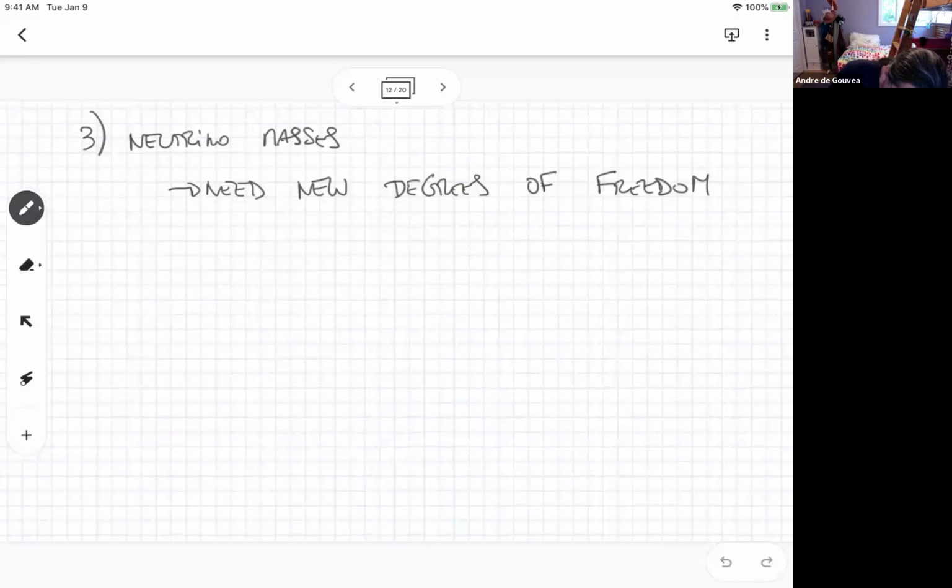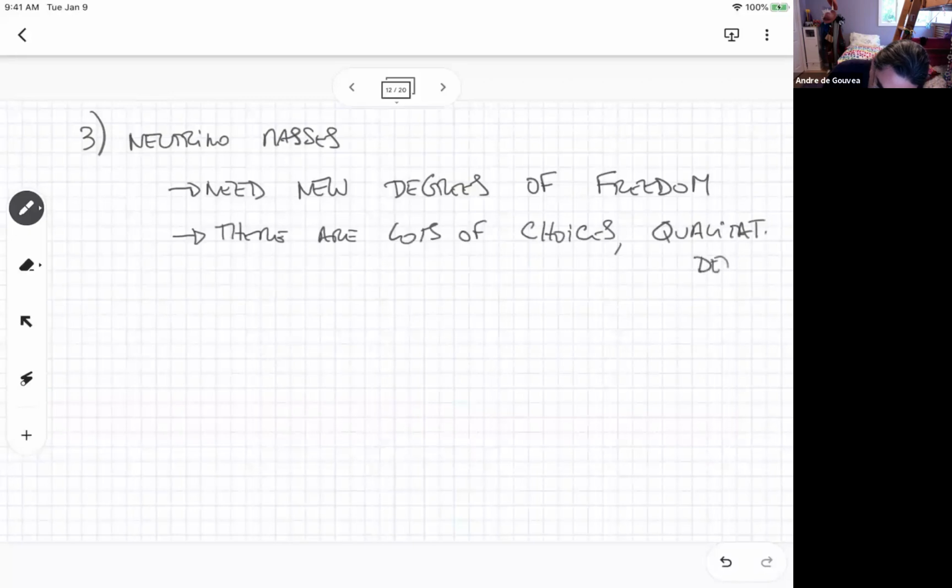Now, the problem is there are lots of choices. And what makes it exciting is that the choices are qualitatively different. So that's what I'm going to be talking about for the next half lecture plus another lecture. That's the key point: if you want to give the neutrinos a mass, you need to add degrees of freedom to the Standard Model.